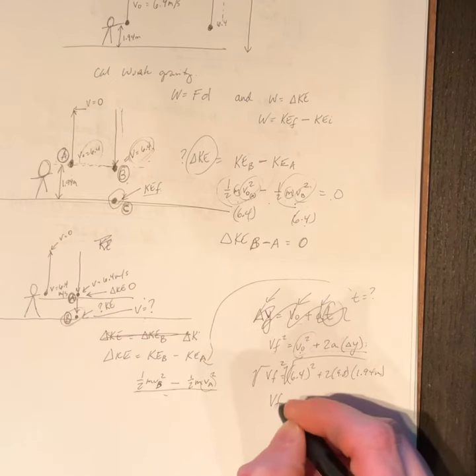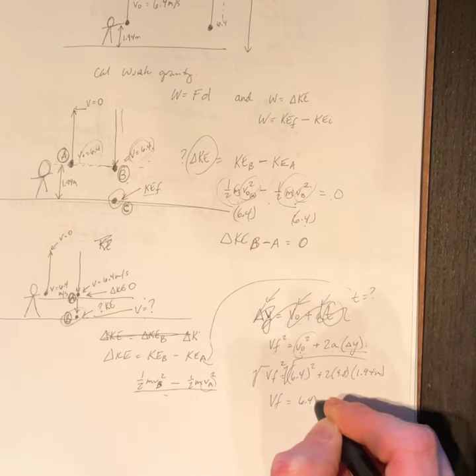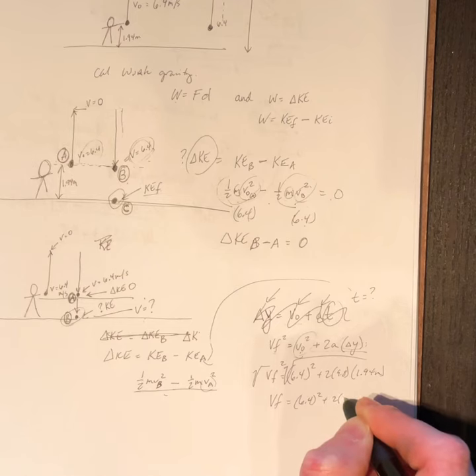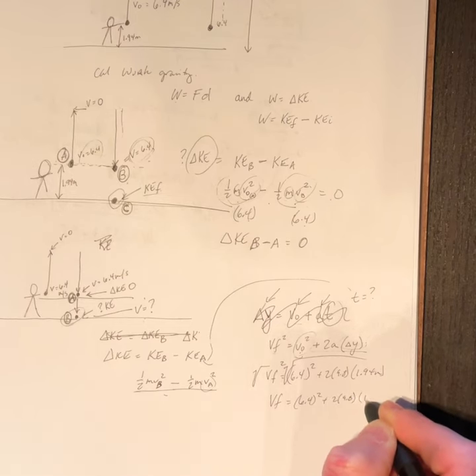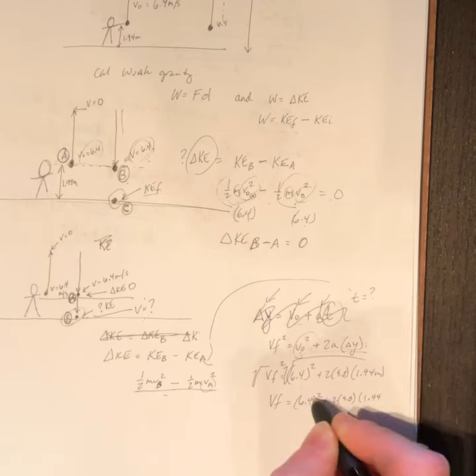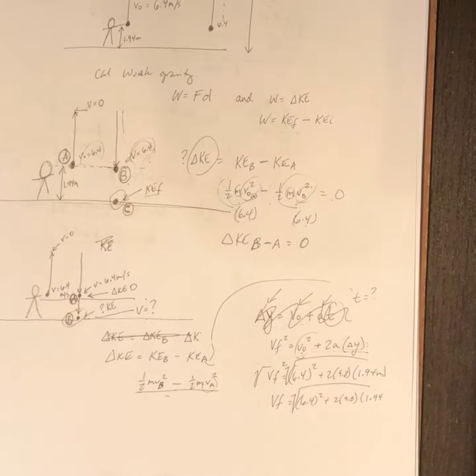So the final velocity is the square root of 6.4 squared plus 2 times 9.8 times 1.94.